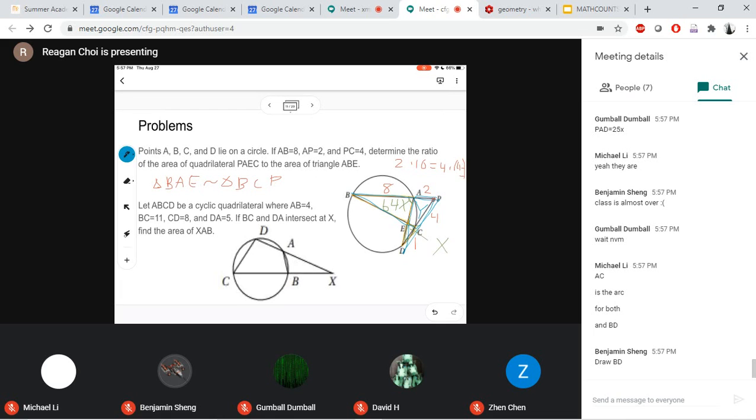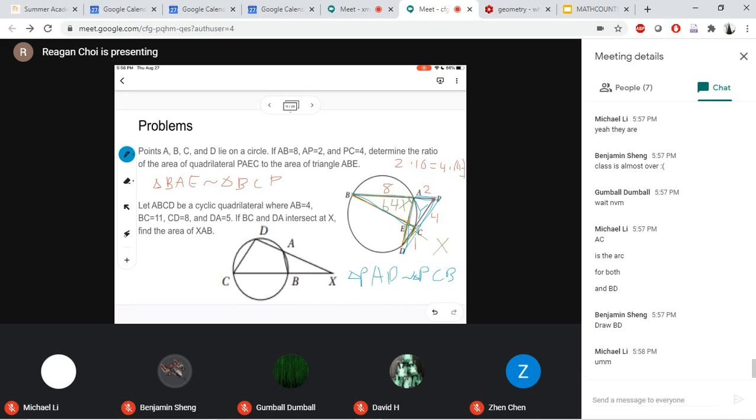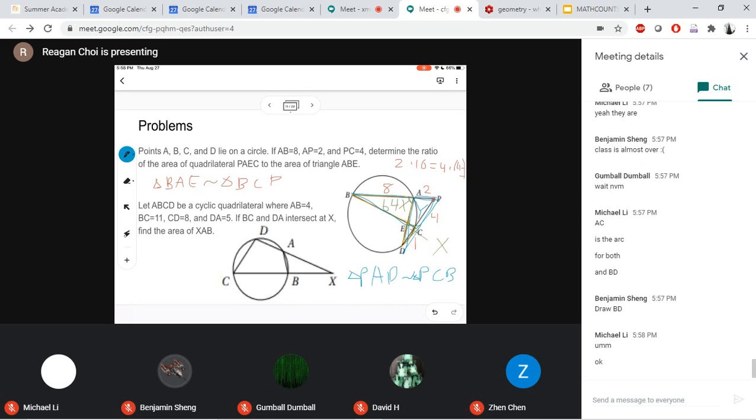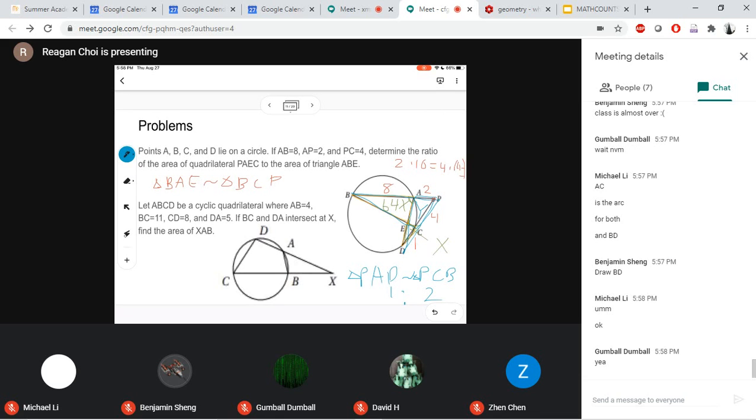So we actually get PAD is similar to PCB, the triangles, and the ratio is 1 to 2. Does this make sense? We get two similar angles because PBC equals PDA.